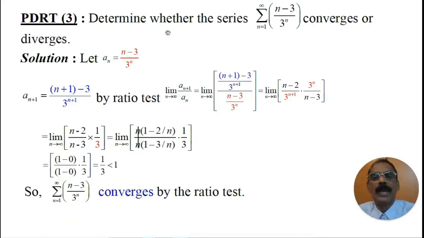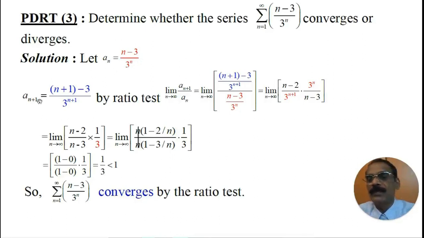Determine whether the series (n-3) by 3 to the power n converges or diverges. That is, we are going to find the behavior of the series or the convergence of the series (n-3) by 3 to the power n. Let us consider a(n) equals (n-3) by 3 to the power n.